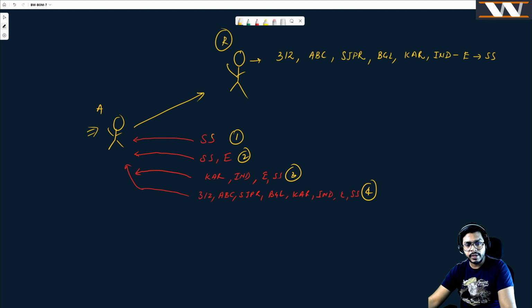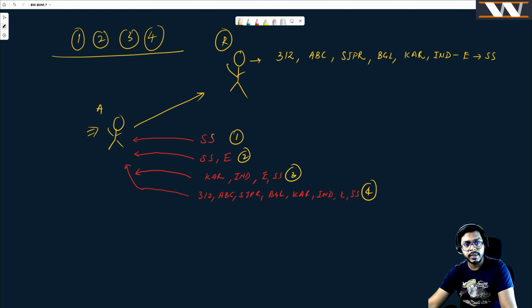But if she has the information of all of this, and I have written it down as 1, 2, 3, 4, she is going to believe number 4, because number 4 is more specific. It is giving me more information with respect to Rahul, right?